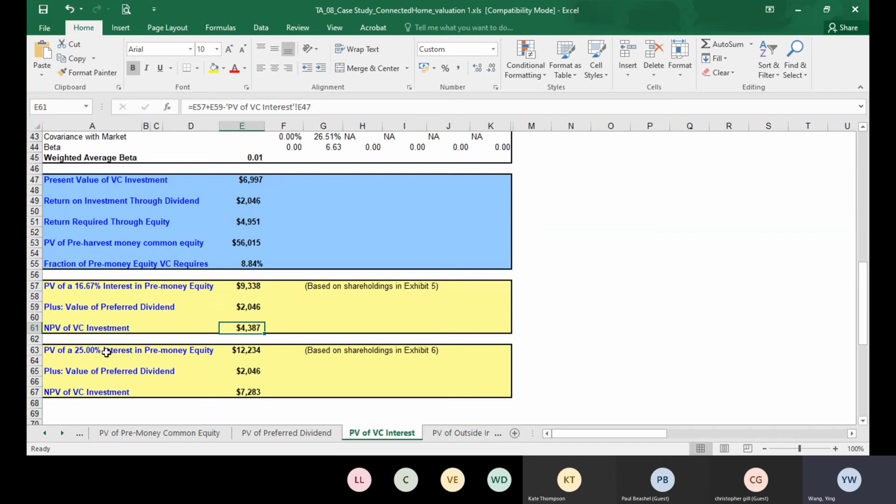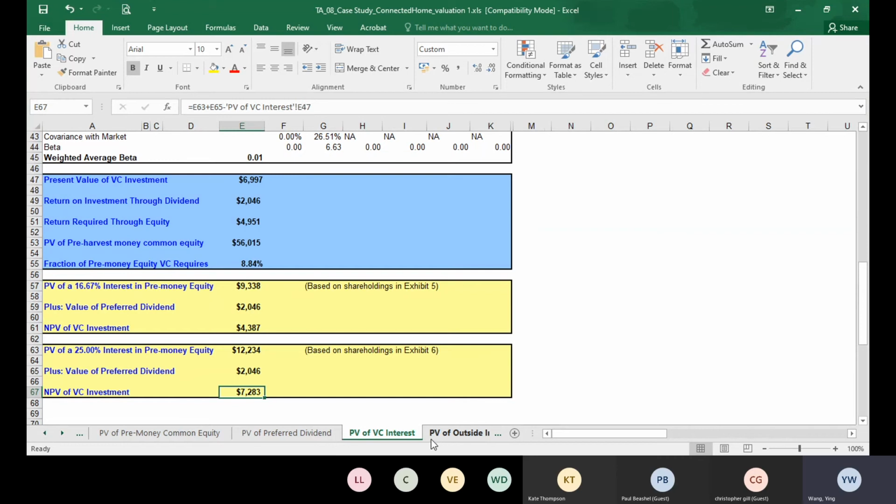For the 25% interest, that's the second case we look into, where they have the 7 million investment in the second round, but with a share price of 60 pence. Here the net present value is greater than 7 million, so this could be the case. They will be able to accept.